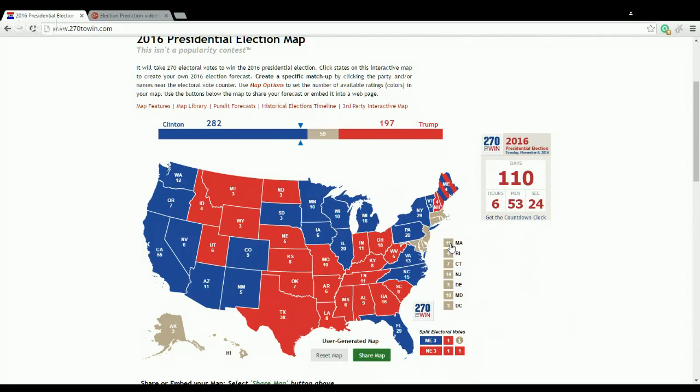In Massachusetts, 11 electoral votes for Clinton, and most of this coastline goes for Clinton all the time. So that'll probably all go Clinton. And Alaska, this is really close in the polls. Surprisingly, Alaska is very close in the polls. They have a lot of Republican leadership, but lately they've been getting independents in office there in Alaska.